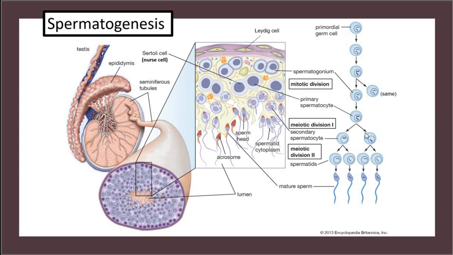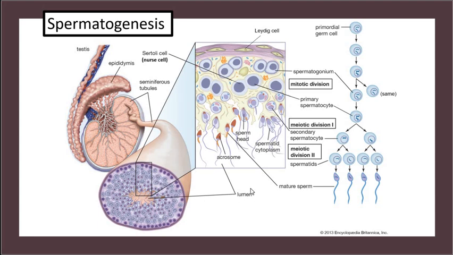Okay, and when it divides and becomes the secondary spermatocyte, it's even getting closer down to the edge of the inside lining. And then when it divides again and becomes the spermatids, they are right on the inner part of the lining of the seminiferous tubule, which by the way, the space in the middle is called the lumen.